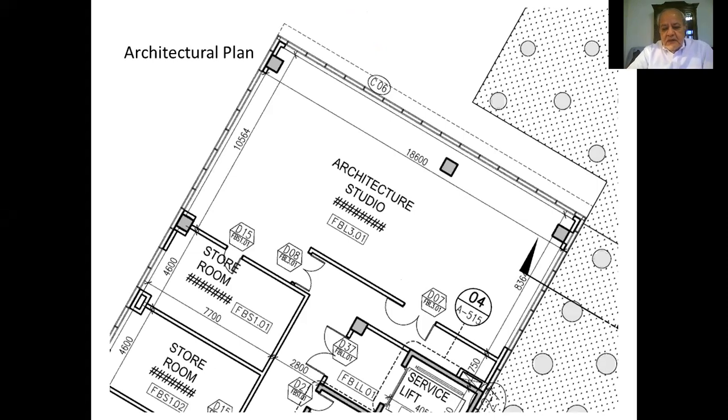Instead of looking down from the level of 1.5 meters to the plan, like what we see in front of us, no, instead we look up. But we start with developing the architectural plan.